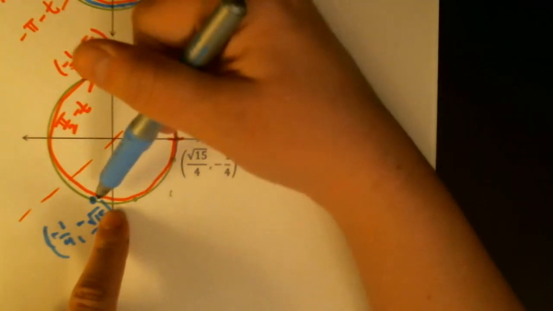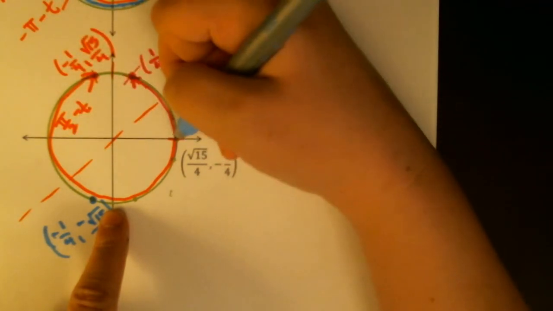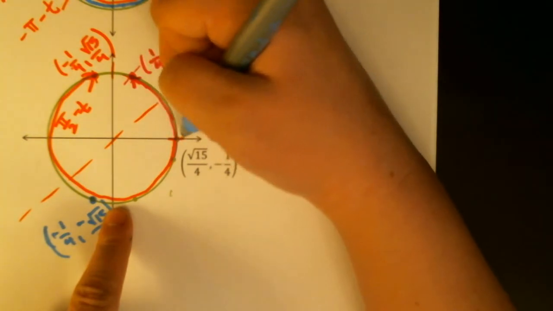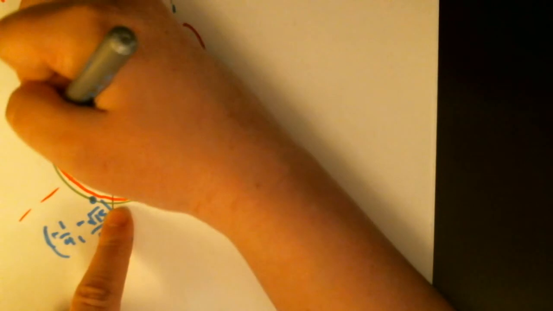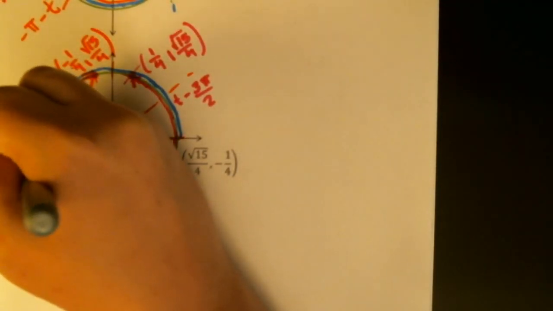So that's negative pi over 2 plus t, or 3 pi over 2 plus t. If you do the negative pi over 2 plus t, that first little jaunt cancels out, and then you just end up going like this.